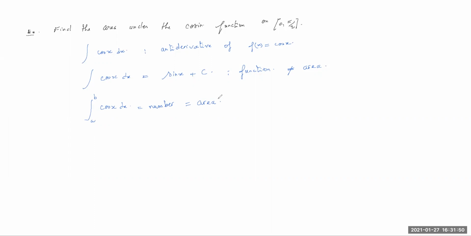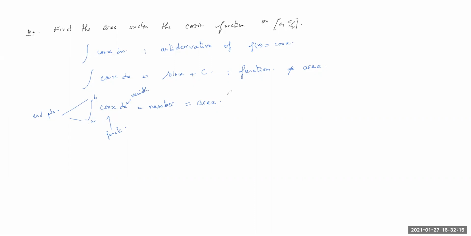But which area? We said this notation is practical. Why? Because it specifies the function, the endpoints, and here you also have the variable. It says which variable we are using.